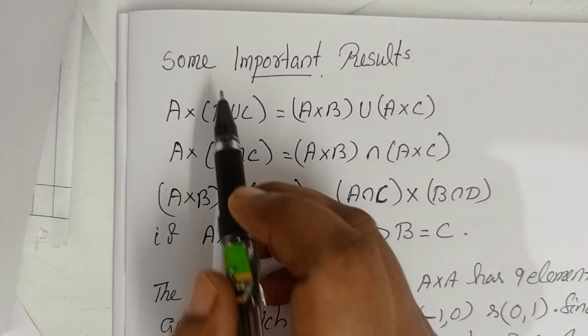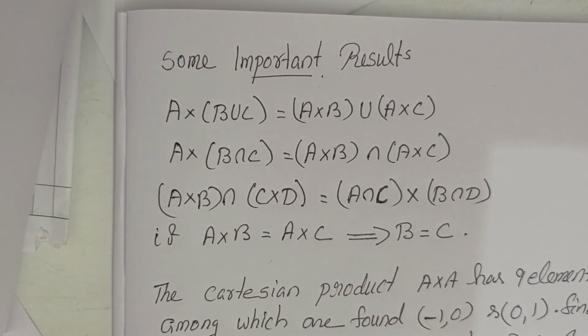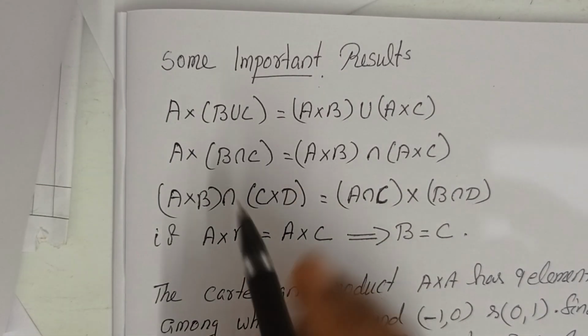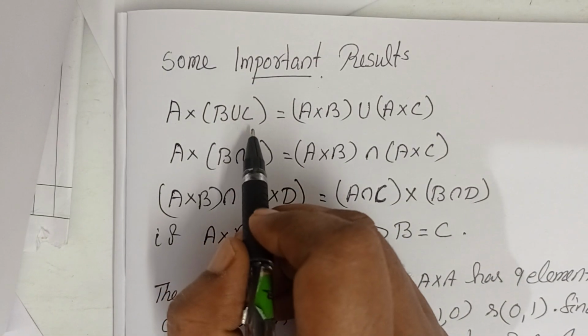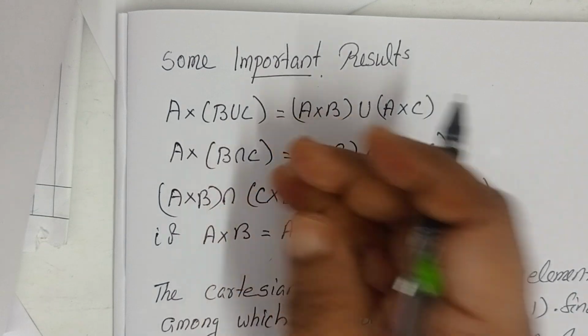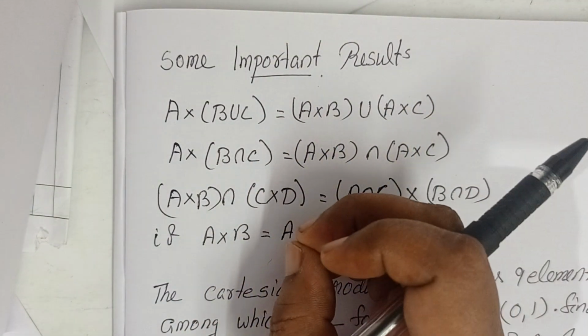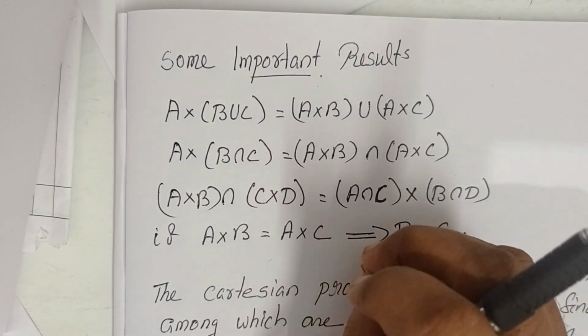Look here. Here are some important results regarding this A cross B. You know that union means, from the first chapter on sets, write all the elements from A and B, with no repetition.